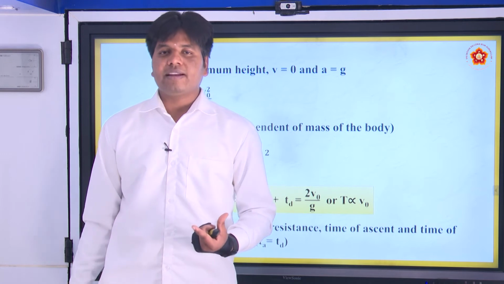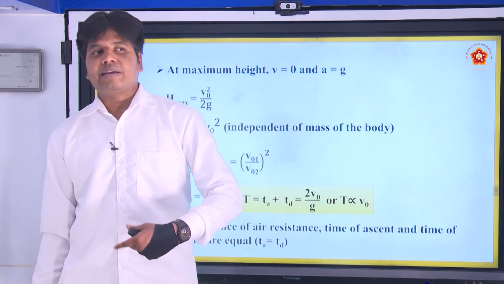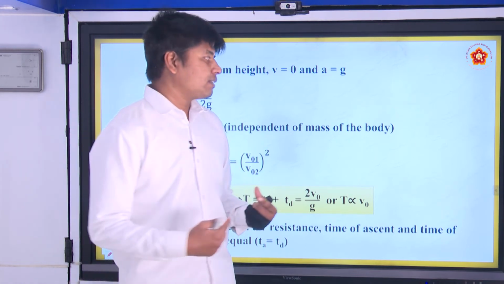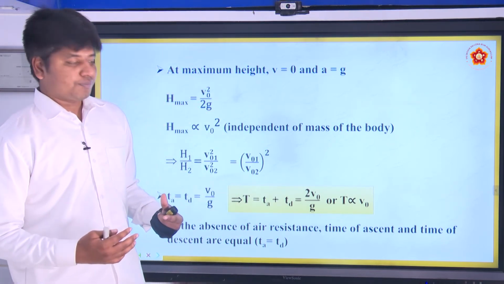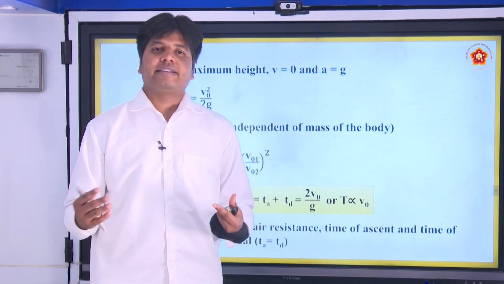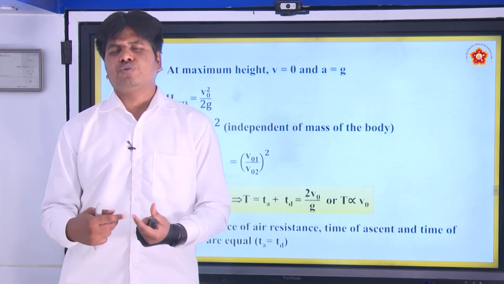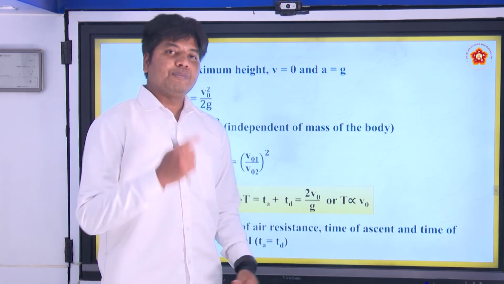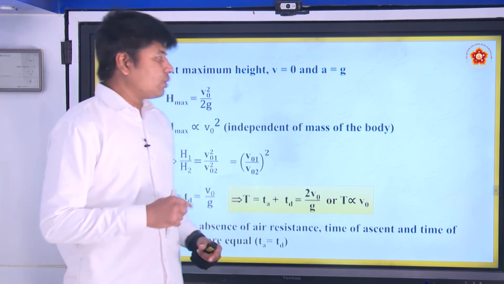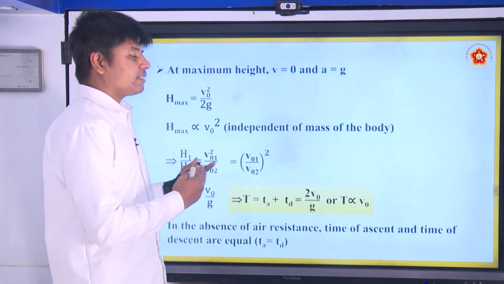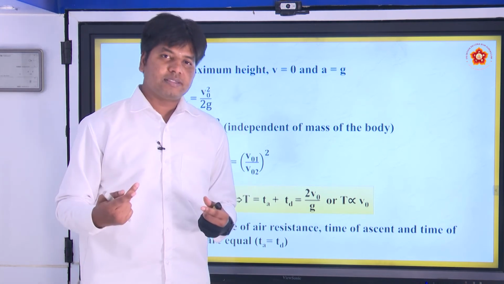If you have air resistance, then time of ascent and time of descent may change. But as far as this chapter is concerned, we don't consider that air resistance. It will be so negligible that time of ascent and time of descent will be equal.